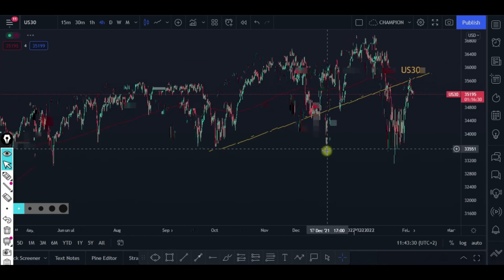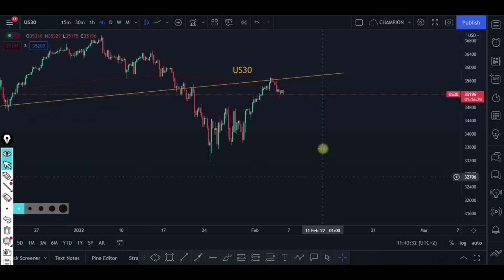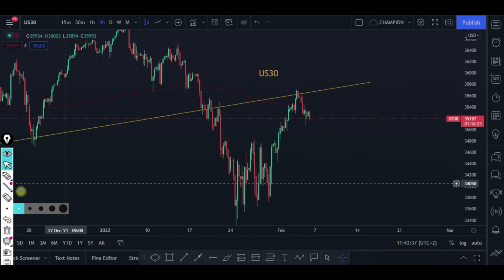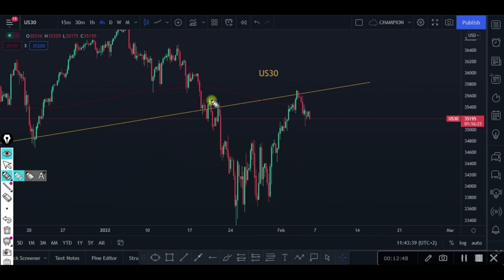But anyway, let's move on. The price was on the bullish uptrend until we broke out of this diagonal support here. The market came, retested and pushed down to create this consolidation, and now it pushed high.